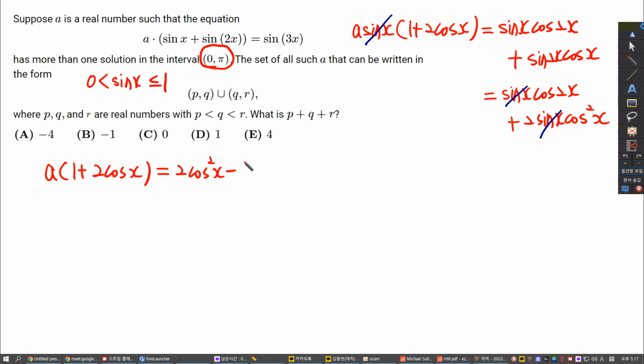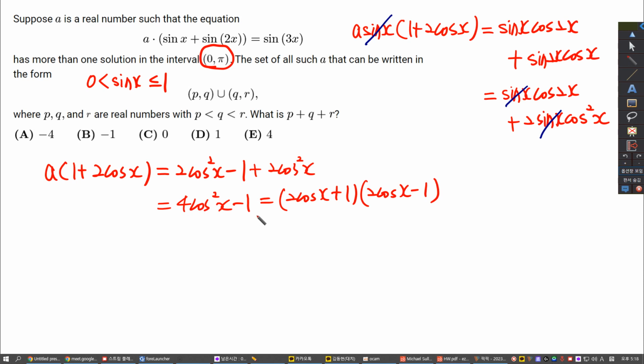If we use the addition formula for cosine, we can factor the right side using the sum and difference formula.